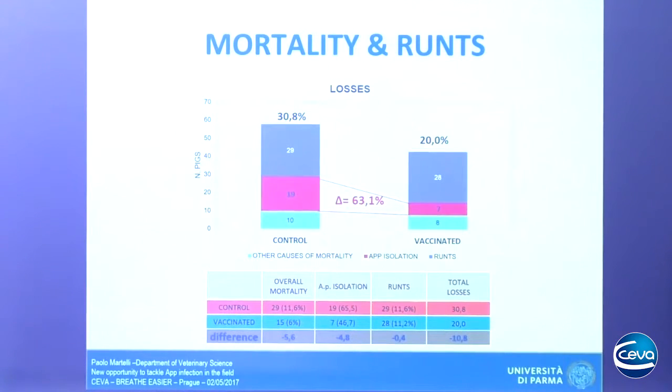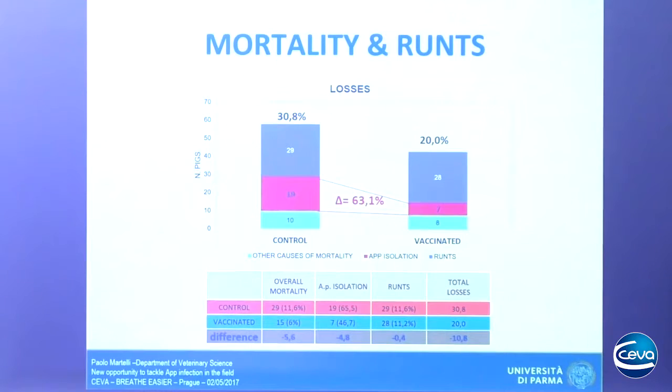And you see here that the mortality in the vaccinated group connected with the APP was reduced by 73%. Okay? The overall mortality was quite higher in this farm.